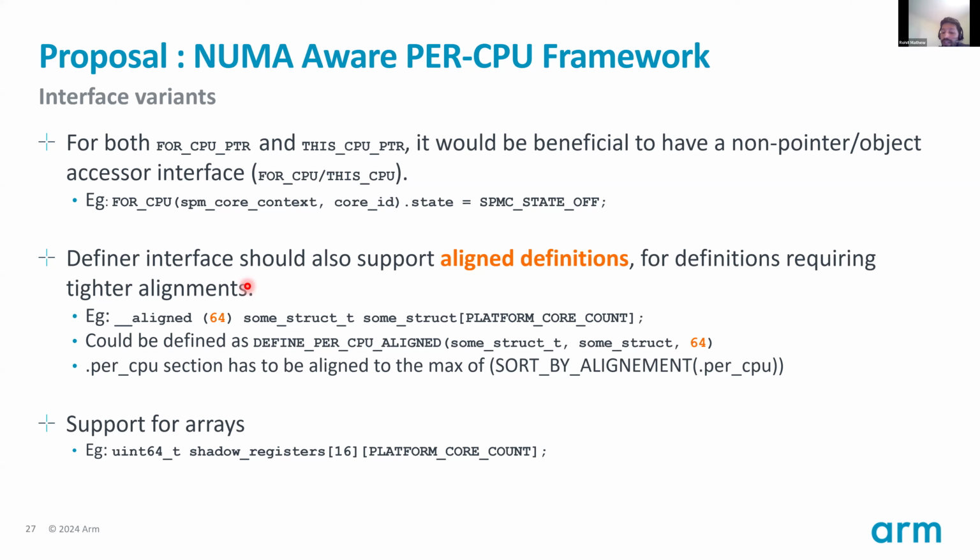I have a question. What sort of objects would be falling into the NUMA nodes, let's say if it is outside of the per-CPU? Yeah, it's going to be platform specific, right?